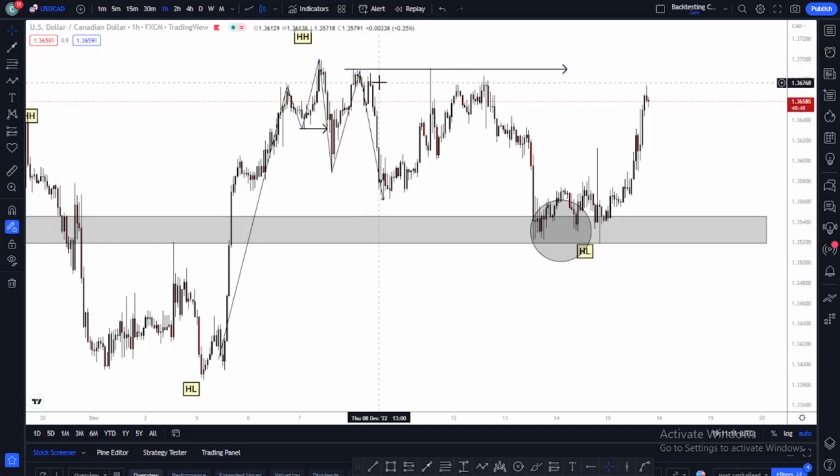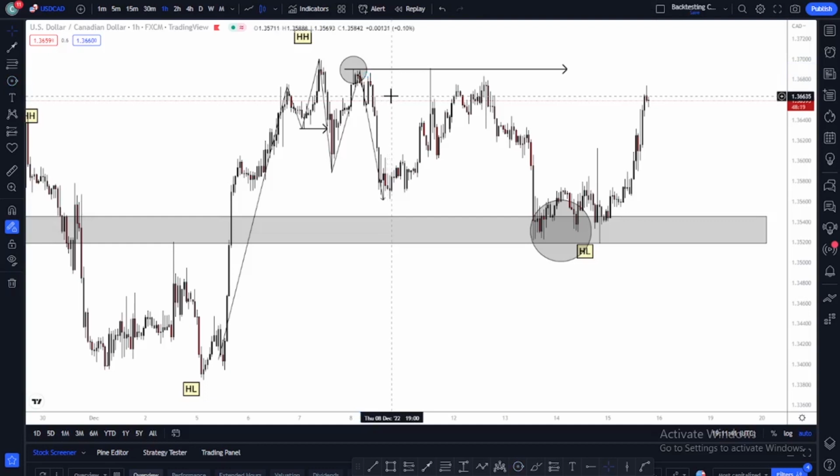Remember, so long as price doesn't break this lower high, we are still in a downtrend. But when price breaks this lower high, it means the H1 structure has changed back to bullish. I repeat, till price closes above this H1 lower high right here, we are still in the downtrend.